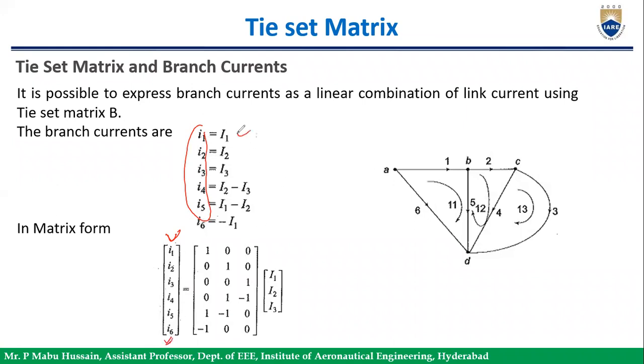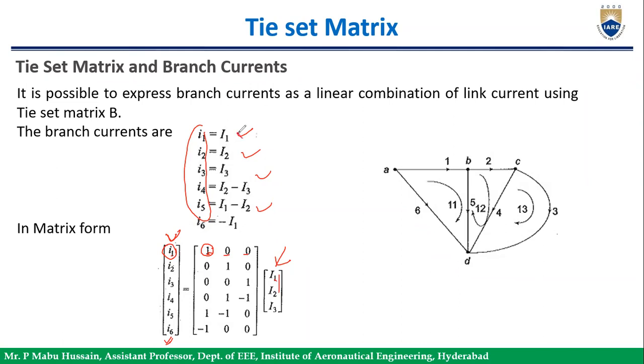Now this side, all are represented with link currents, so we are forming the link currents as one column vector: I1, I2, I3. Here I1 is equal to only capital I1, so here you will have 1, and the remaining two will be 0. So if you write this, I1 is equal to capital I1 plus 0 I2 plus 0 I3.